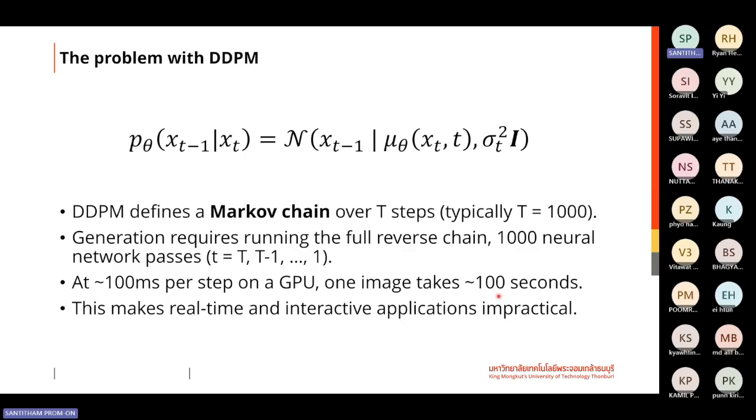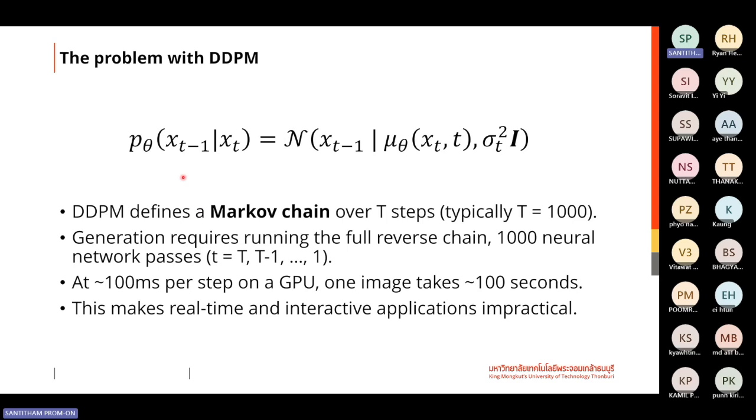So 100 seconds per image is like a minute and a half for an image, which is very, very slow. So DDPM makes real-time generation impractical.